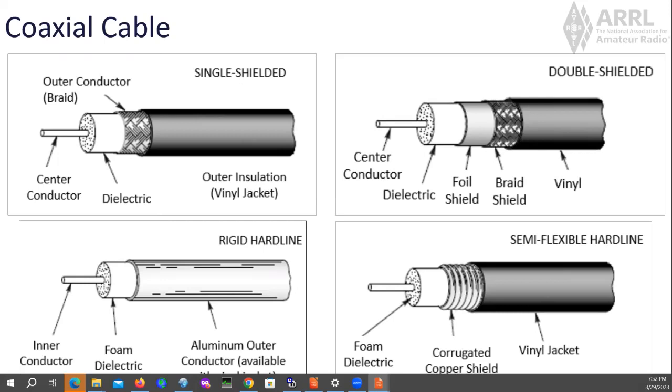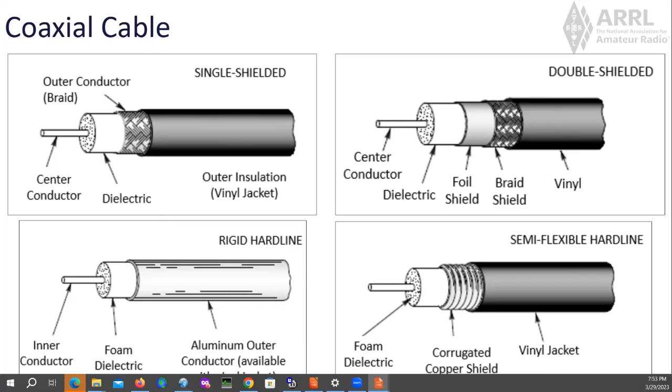I apologize. But again, the center conductor, the dielectric, can be made up of a solid plastic or a plastic that has air bubbles in it that they call foam core. And then you have your outer conductor, which is your braid, usually braided copper, sometimes silver plated braided copper.